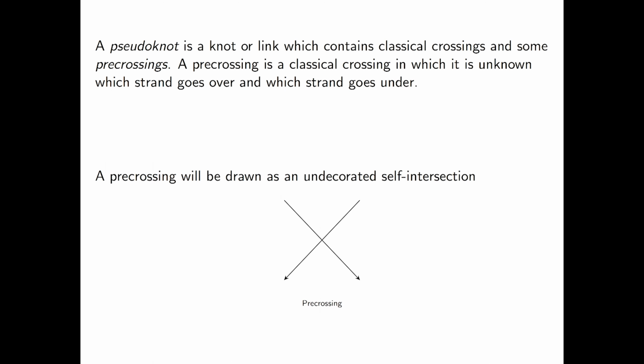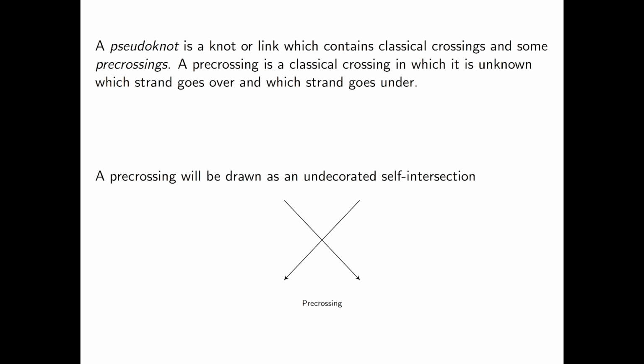So in terms of the diagram for a pseudo knot or pseudo link, we're going to have these pre-crossings drawn as undecorated self-intersections. So here's an example of how we're going to represent a pre-crossing. This is just going to be the two strands intersecting with no point at the intersection.